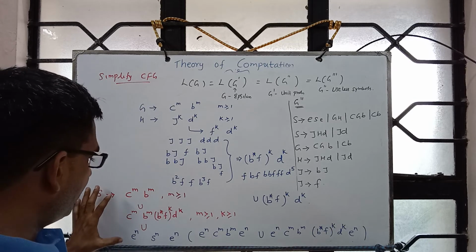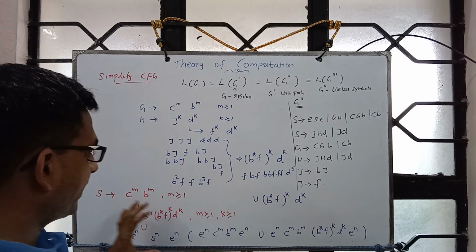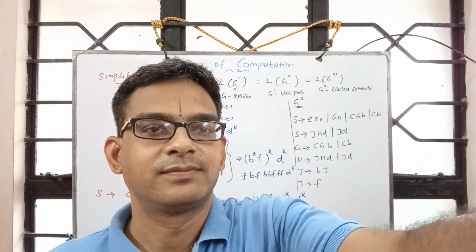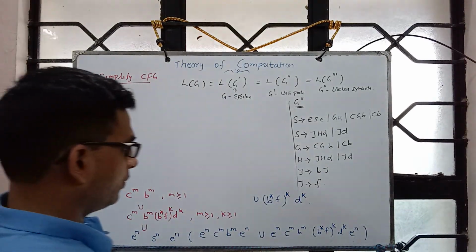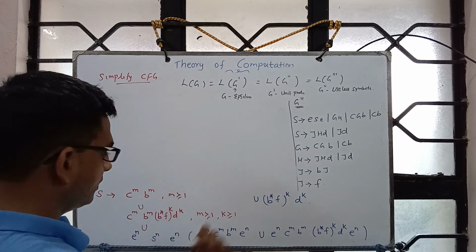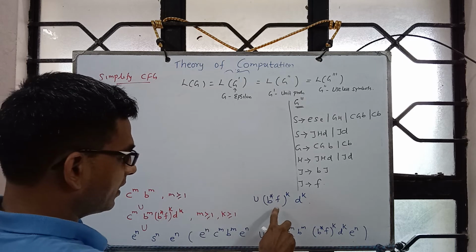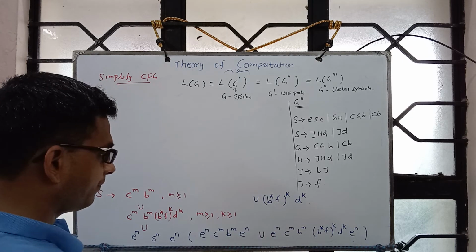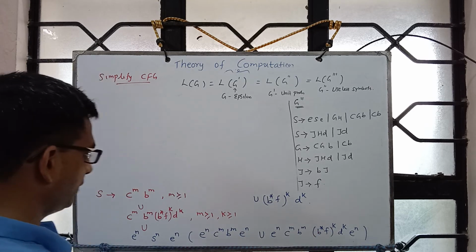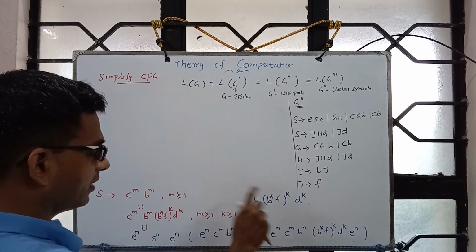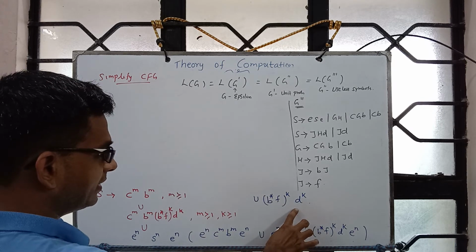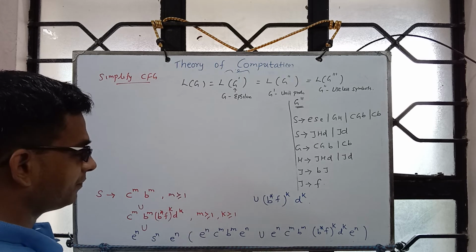Now let's see whether this can be simplified any further. Note that if we simply say m is at least 0, so that this part will be taken care of, and we say n is at least 0, so that these three will be taken care of, and we say k is at least 0, so that this will be taken care of.